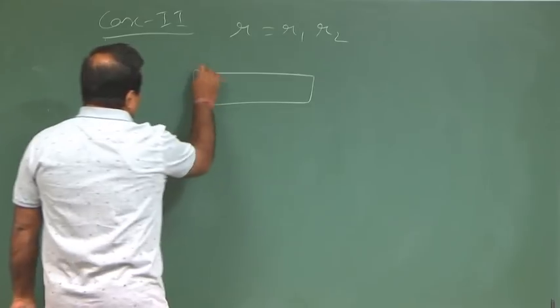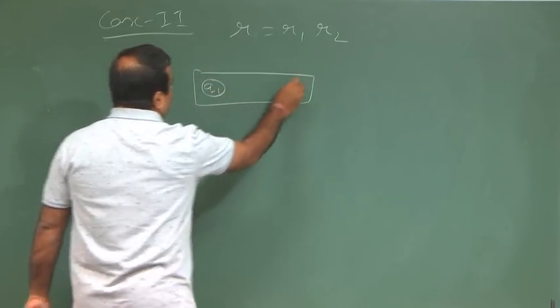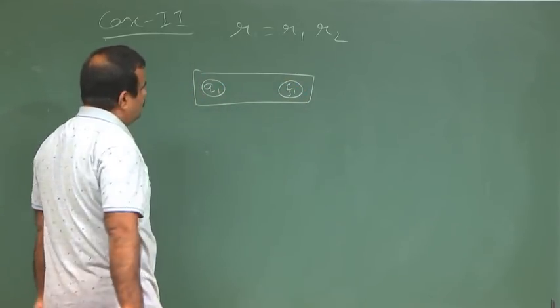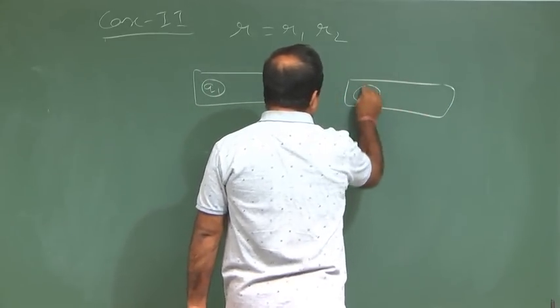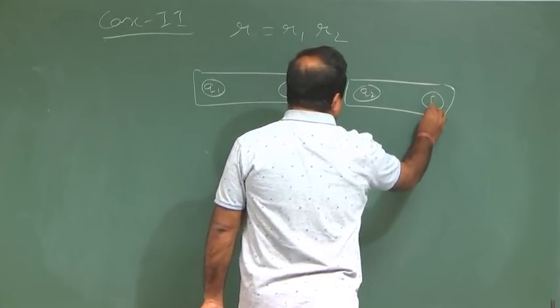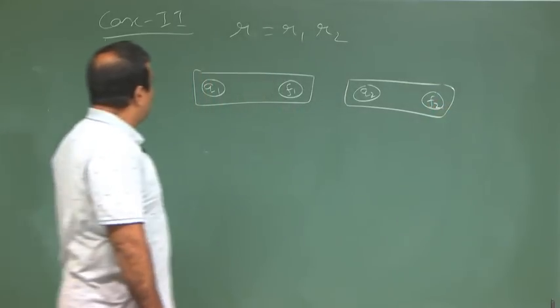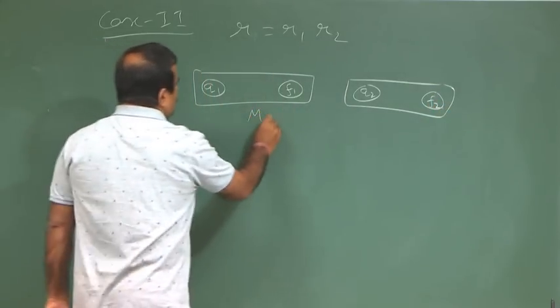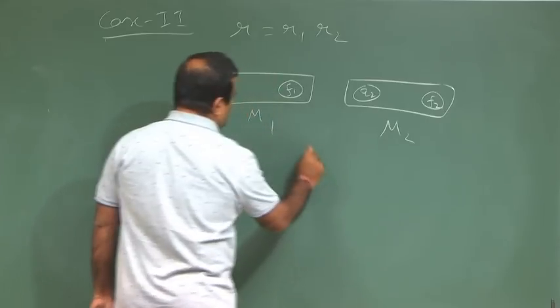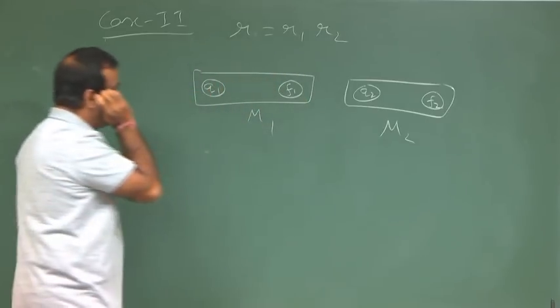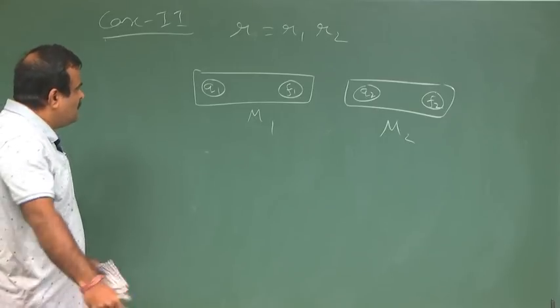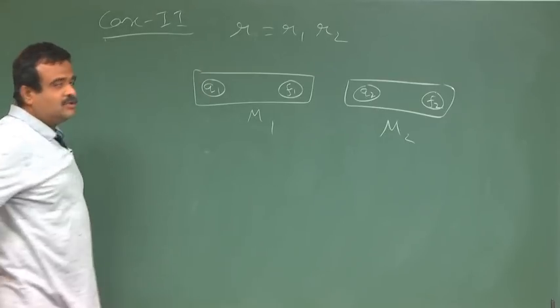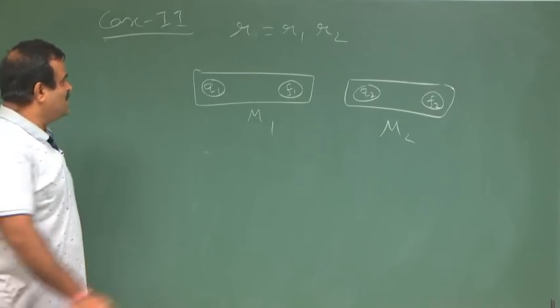Suppose this is the epsilon NFA for R1, Q1 F1, and this is the epsilon NFA for R2, Q2 F2. So, this is our M1, this is our M2, such that these two are accepting the languages corresponding to these two regular expressions.